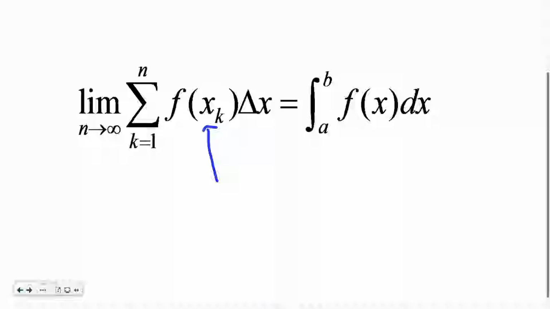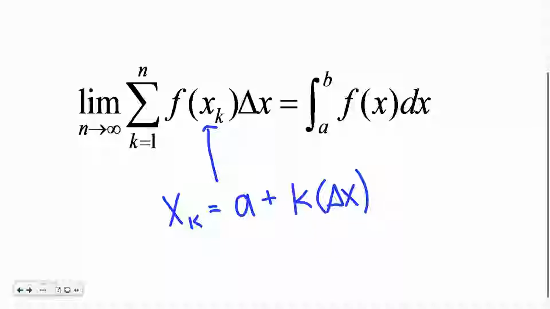f of 1 plus delta x. So that's the same thing here. The first time we throw something into f, it's wherever the interval starts plus delta x. So that's what we're going to need to consider when we set up these Riemann sums.